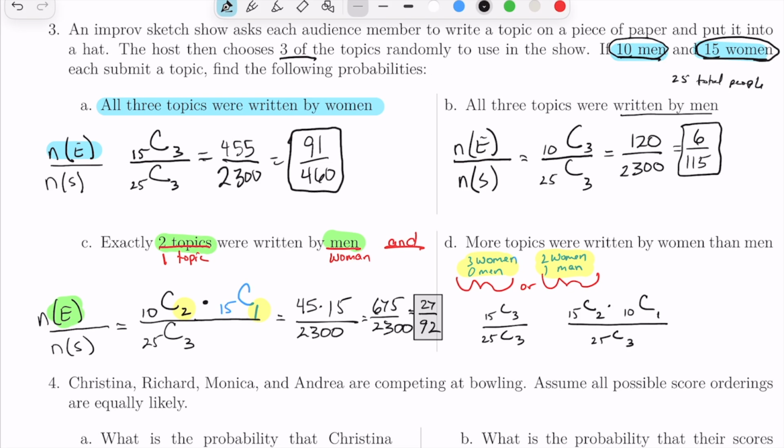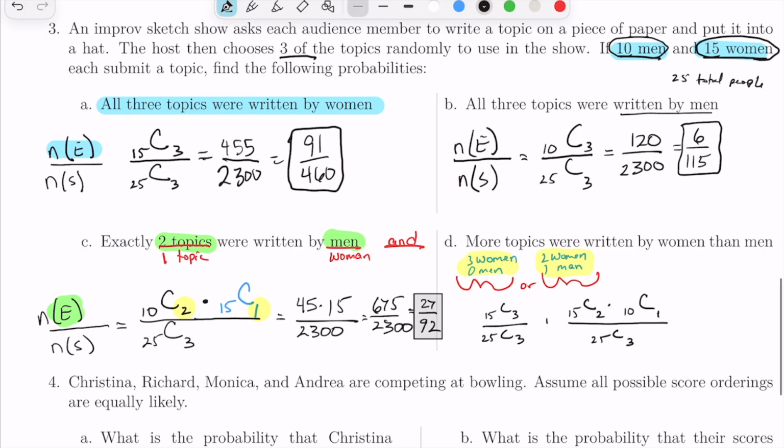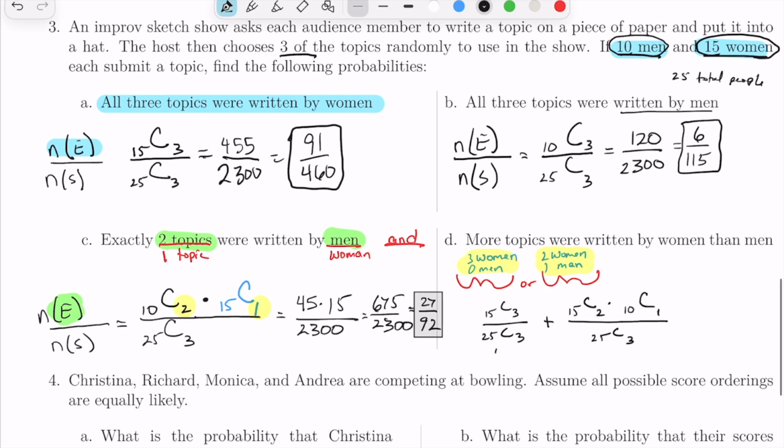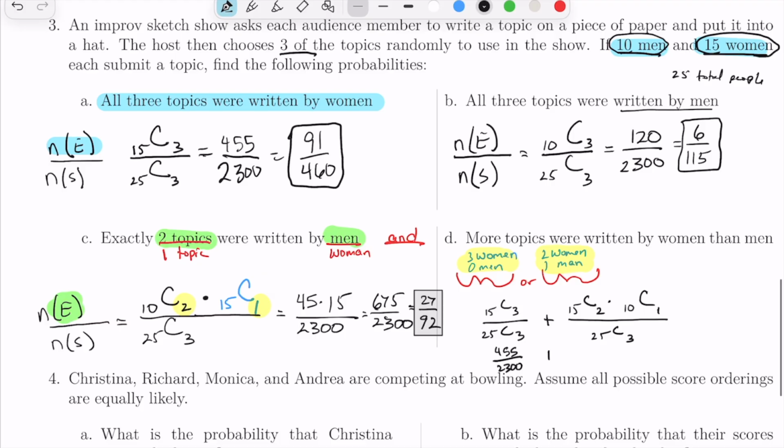Remember, because either one of these will work for us, the first one or the second one, we're actually going to add these probabilities together. And this is a nice mathematical way of writing our answer, right? So the first one, 15C3 over 25C3, I'm going to write that as 455 over 2300. Sure, I could write the reduced form, but watch for just a second. You'll see why I don't.